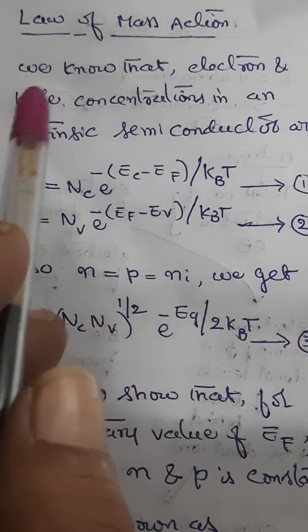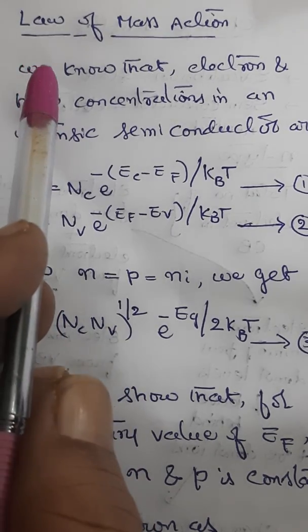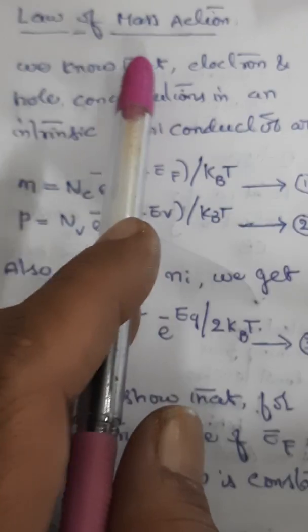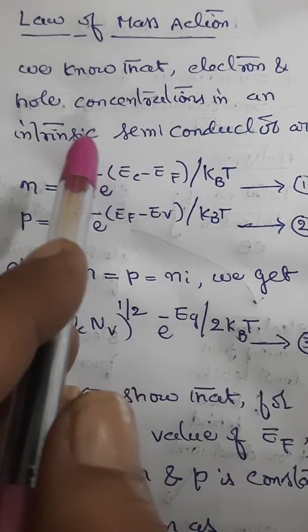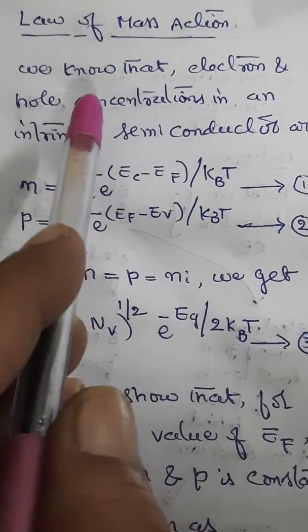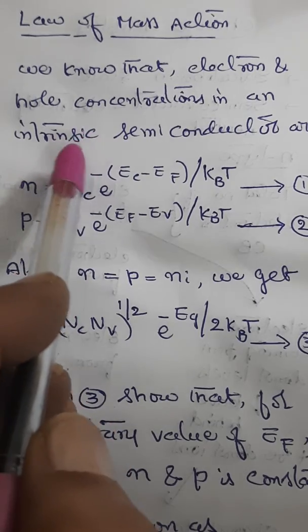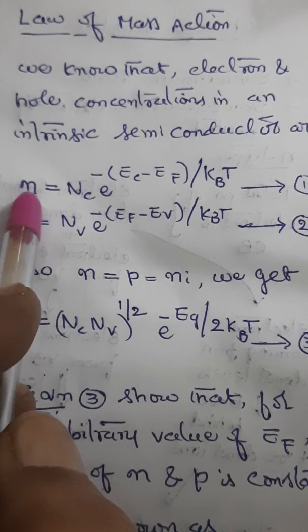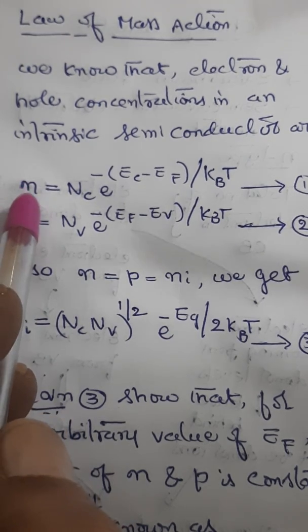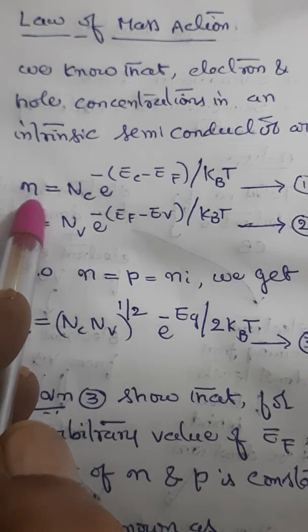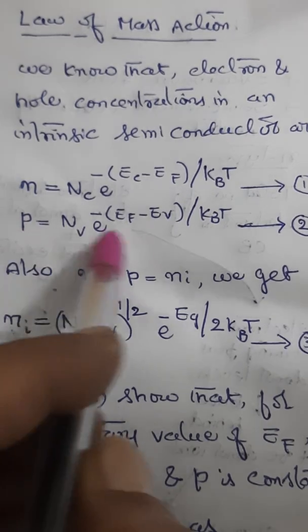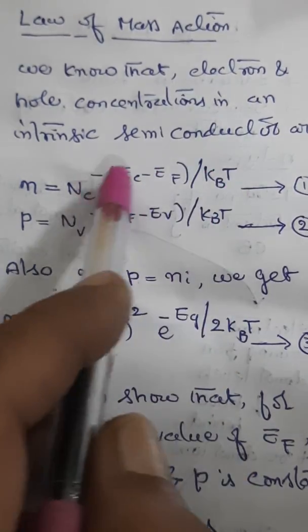Now, with that background, having seen the effects of temperature on the Fermi level, we will try to understand the law of mass action. We know that the electron as well as hole concentrations in an intrinsic semiconductor are already computed earlier. This is the electron carrier concentration and this is the hole carrier concentration. These two equations we got earlier.